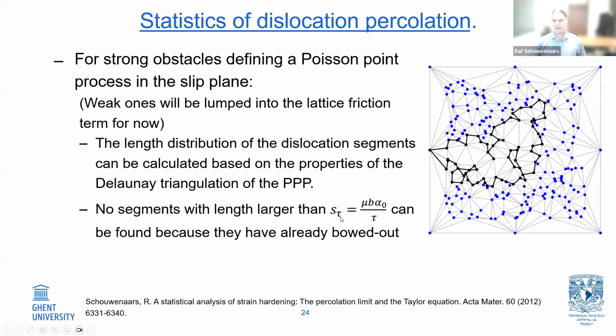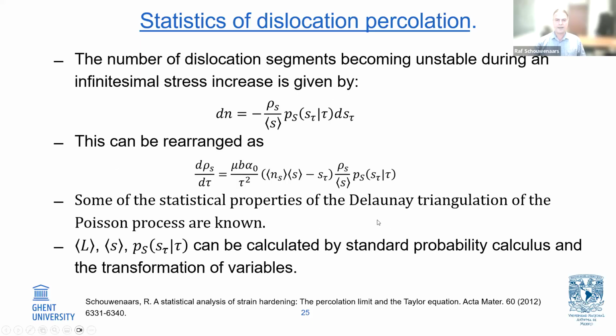So if we are at a certain stress, then all shorter segments will have bowed out. And that can then be used to define an evolution equation. The number of segments emitted is the total number of segments still present in the volume times the probability that a segment has this critical length S tau at a given stress S tau times the increment in S tau.